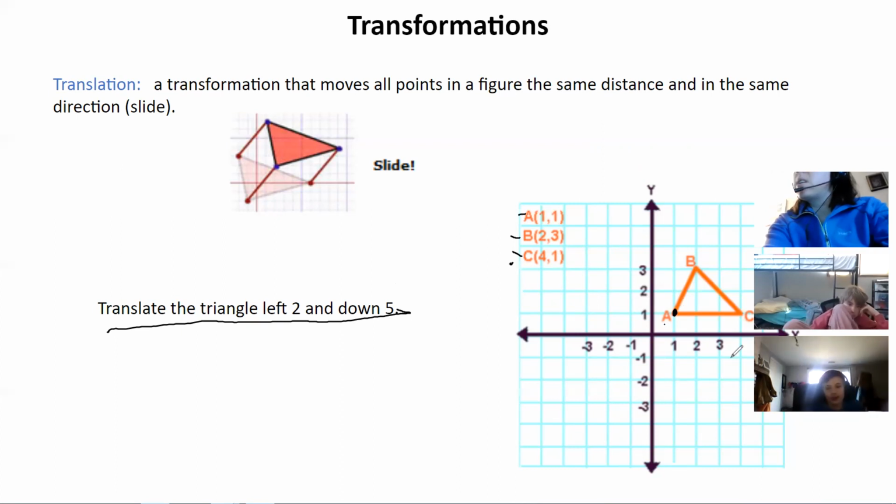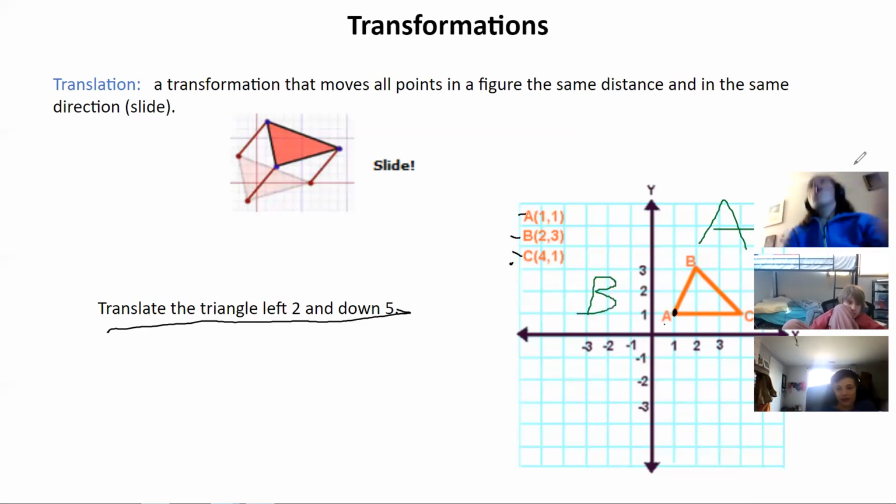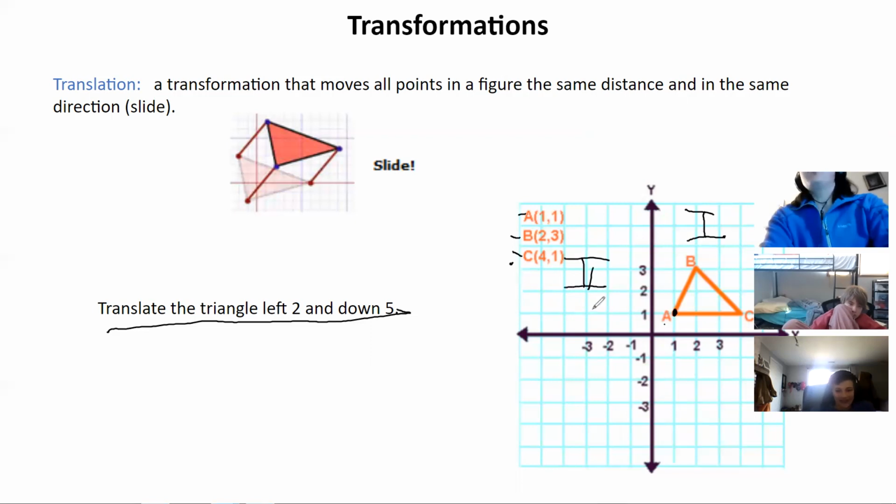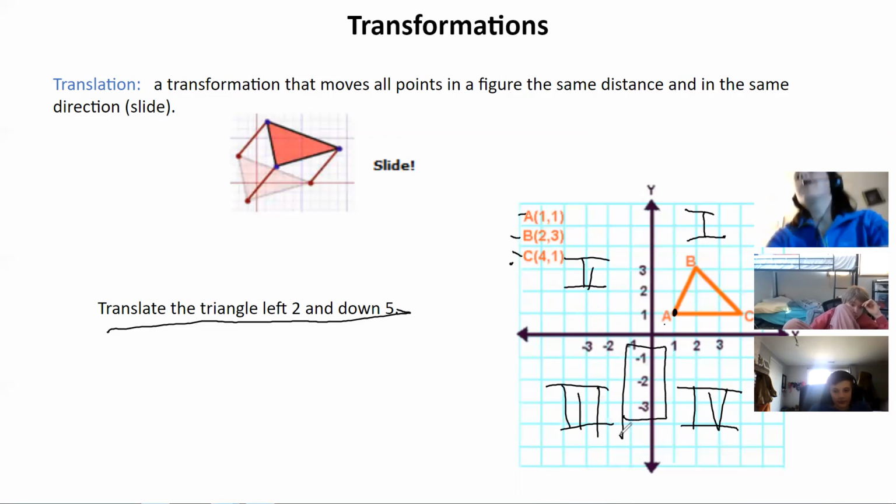Isn't there a thing where it's like A, B, or is that with numbers? Oh, the quadrants. Yes, we would say this is quadrant 1, this is quadrant 2, this is quadrant 3, and this is quadrant 4. They always put it with Roman numerals just because there are so many other numbers on the grid.